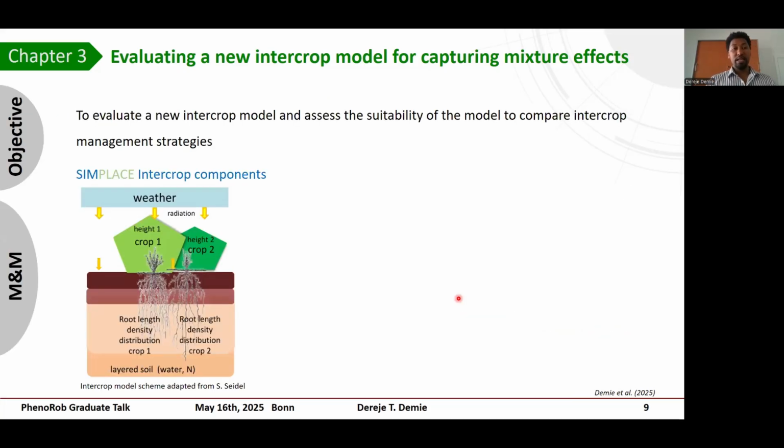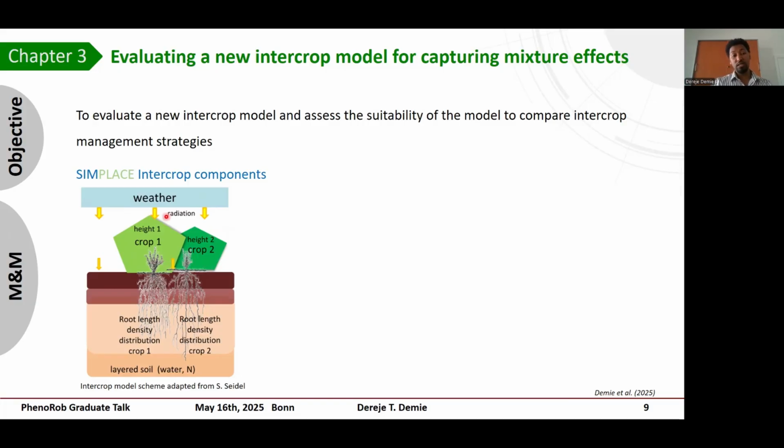So we tested a new intercrop model for capturing mixture effects, and I will now describe some aspects of this model. This model is implemented in the SIMPLACE platform, which is a scientific impact and modeling platform for advanced ecosystem management. There are two components in this case: the below-ground component and the above-ground component.